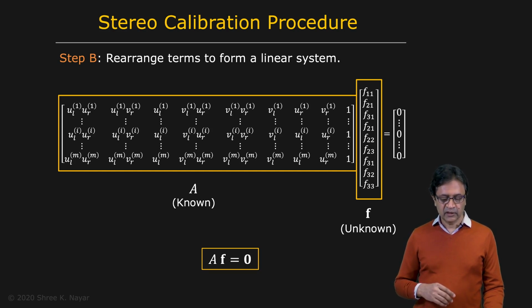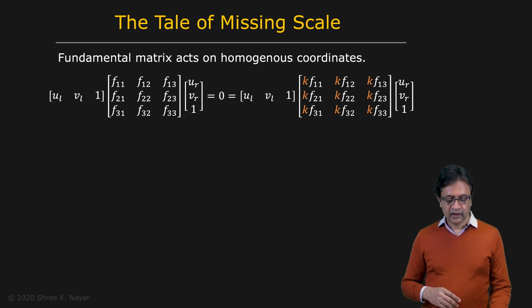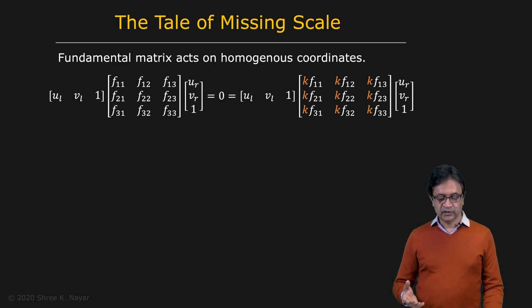Now, that brings us to the issue of scale. If you look at the fundamental matrix, it is acting on the homogeneous image coordinates of a scene point. And so you have this expression right here, which we've seen before, for a particular scene point.